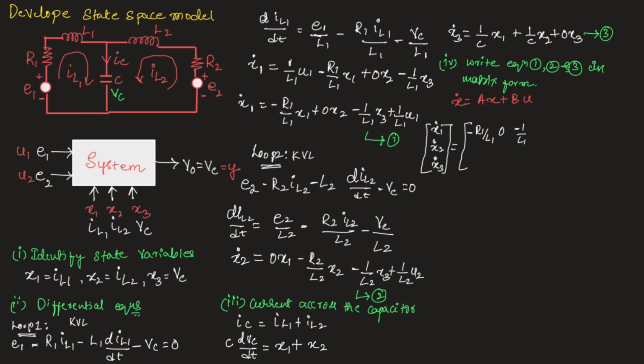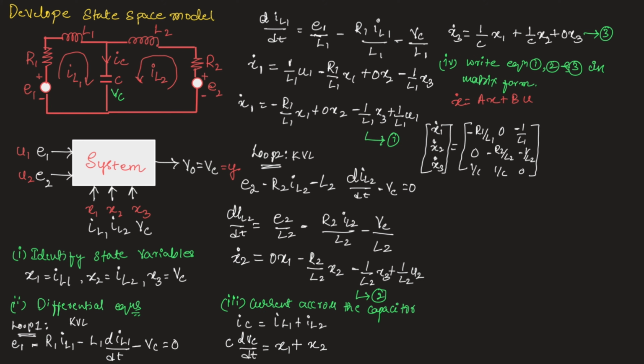So in equation 2 we will write 0, minus R2 by L2, then minus 1 by L2. Then in equation 3 we can write 1 by C and 0, and 0. So that is multiplied with x.